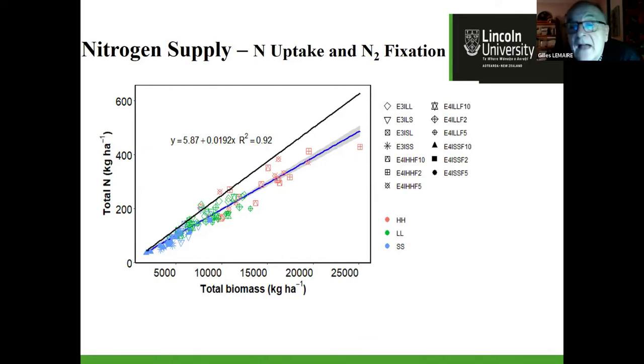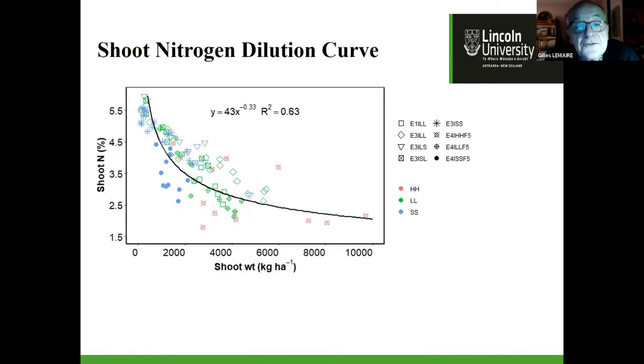Very good. But when we go to the dilution curves, the dilution curves indicate that the accumulation of nitrogen in shoot is less proportional than the accumulation of carbon, of dry matter. So if we have such a curve in shoot, we should have a reverse curve for the root to have a constant nitrogen versus carbon input.